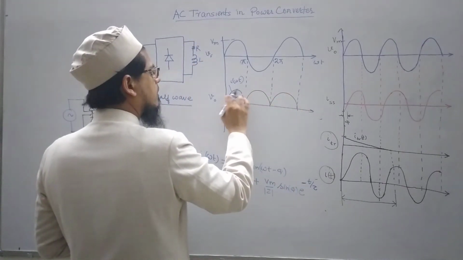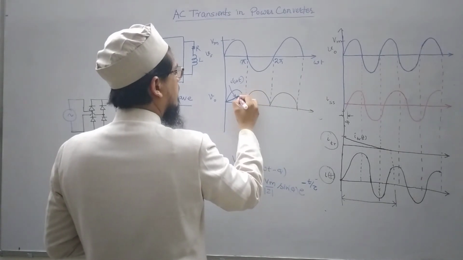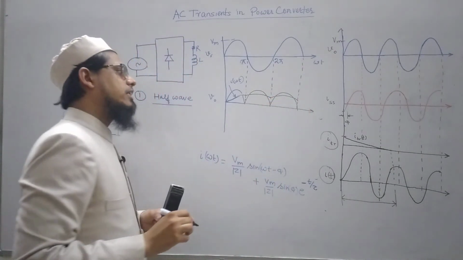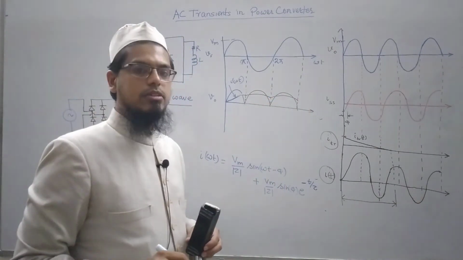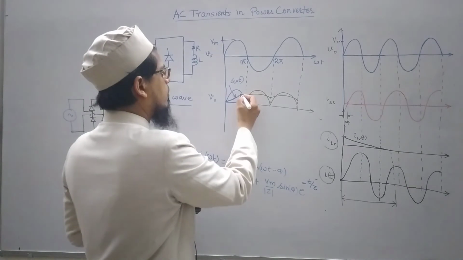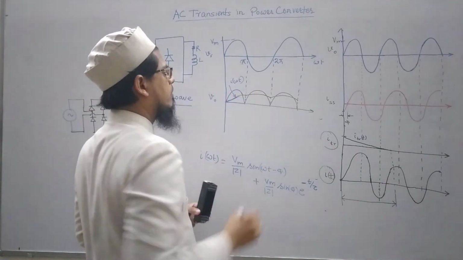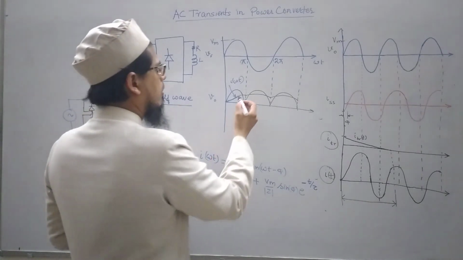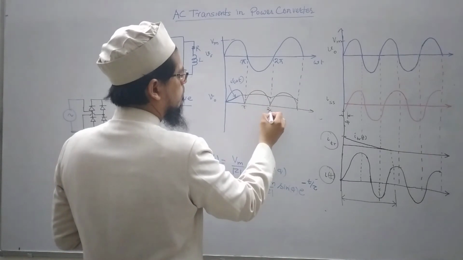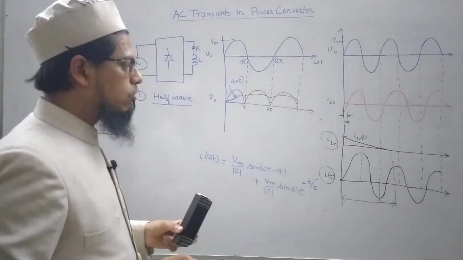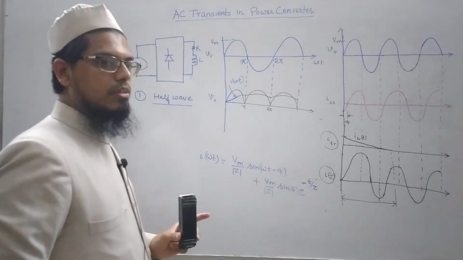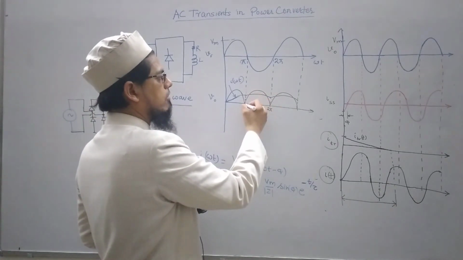Here also you could see that we would have a continuous current flowing in the circuit. Although the waveform of the current flowing from pi to 2 pi would now be different from what we had obtained here, because now we have a rectified sine wave.